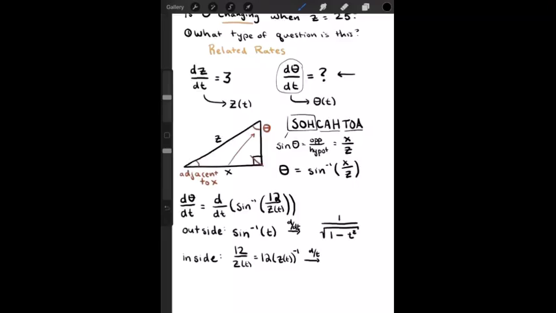Yeah, so that's using the power rule, though we need to be a little bit careful here, because this requires the use of the generalized power rule. If this was 12 times t to the negative 1, then we just use the power rule like we have written here. But this is 12 times a function of t to the negative 1.